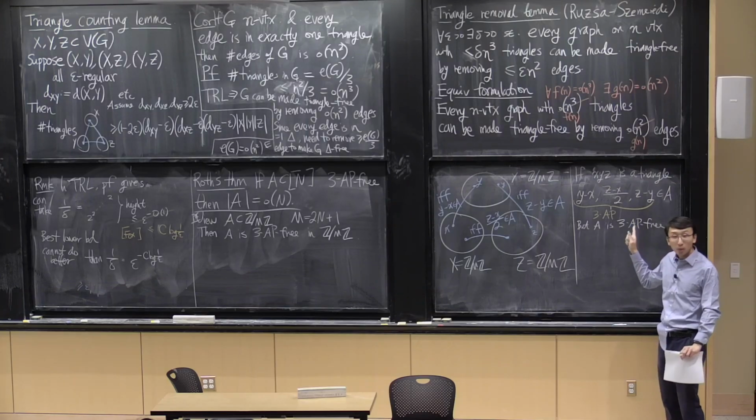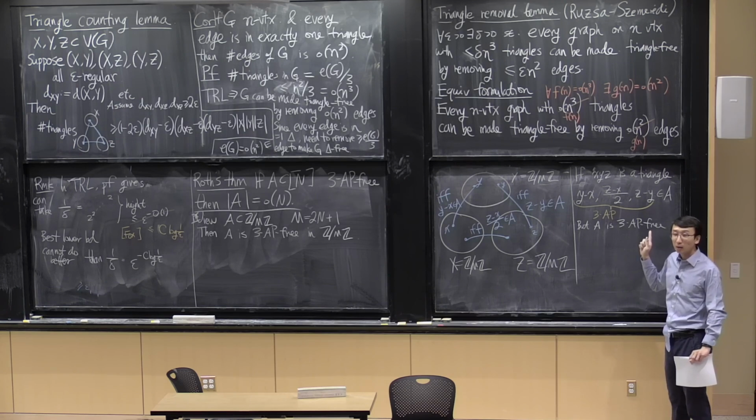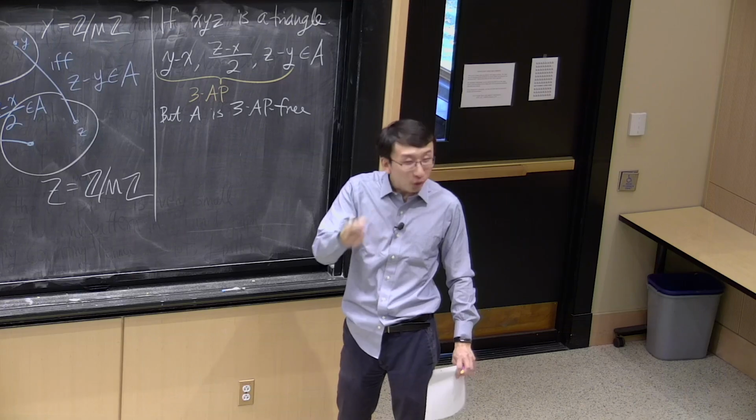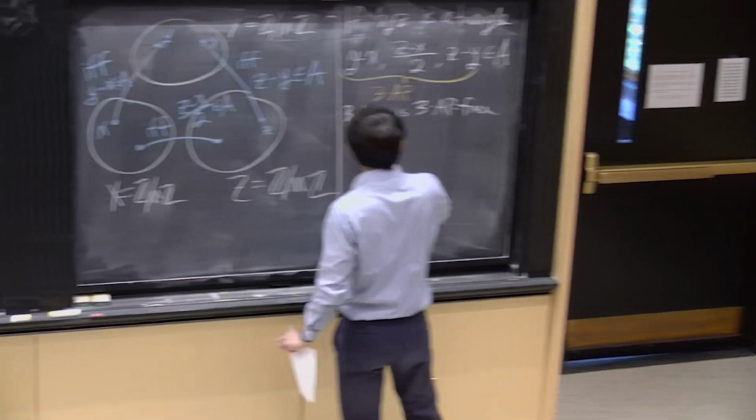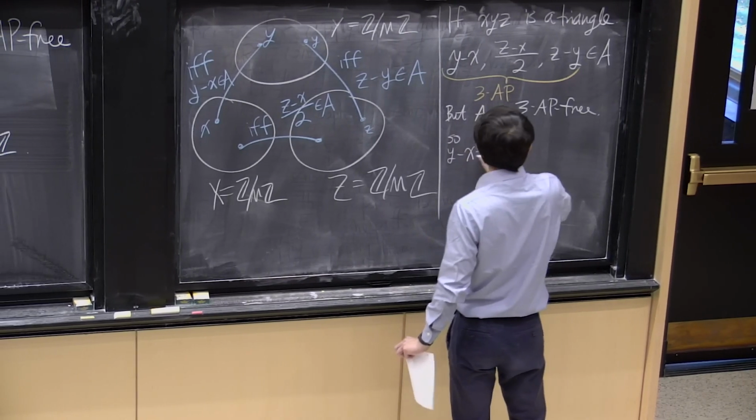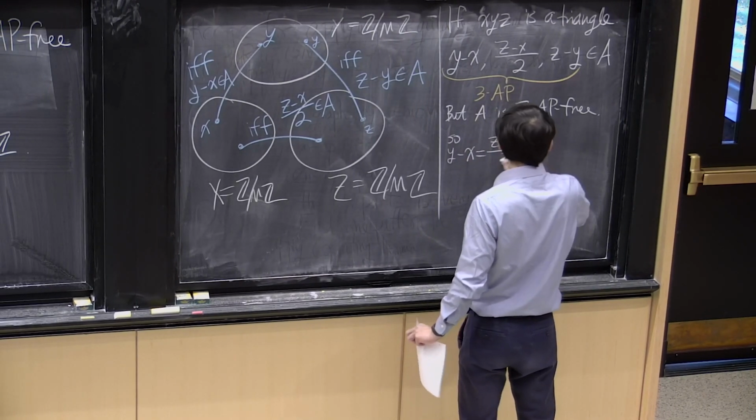So what must be the case? Well, A is 3AP free, but you can still have 3APs using the same element 3 times. So all the three-term arithmetic progressions must be of that form. So these three numbers must then equal each other.